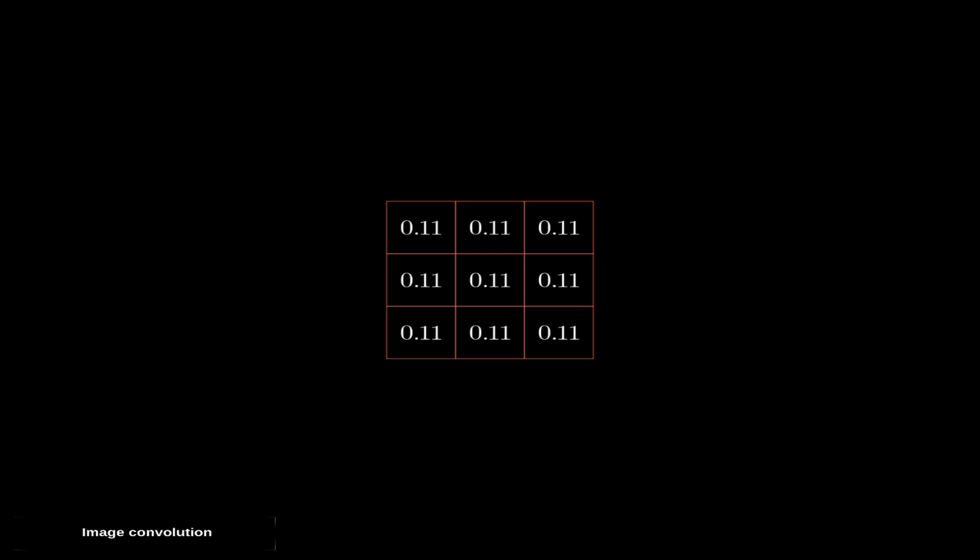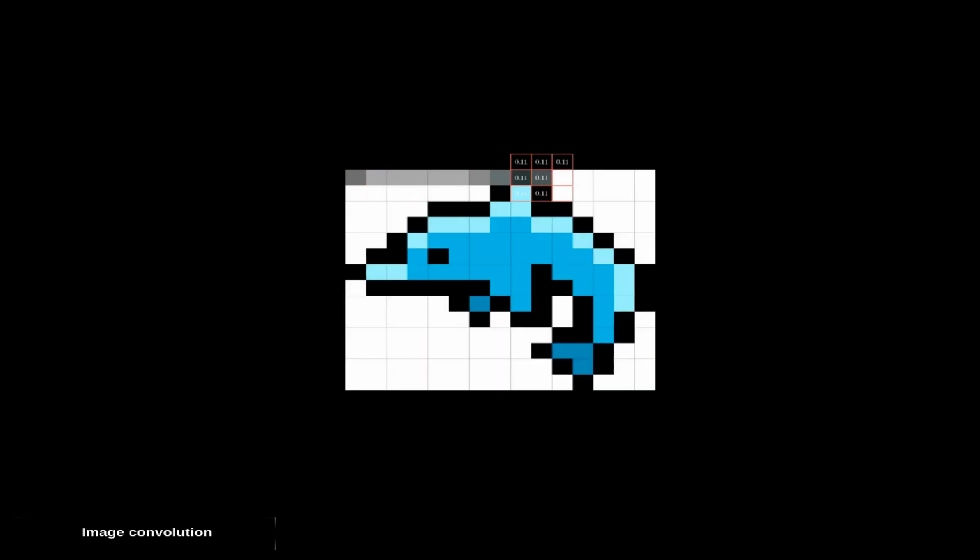Now we simply place our grid on the image, and every pixel within it gets multiplied with its corresponding number, and everything gets summed up. This will be the new value of the pixel.